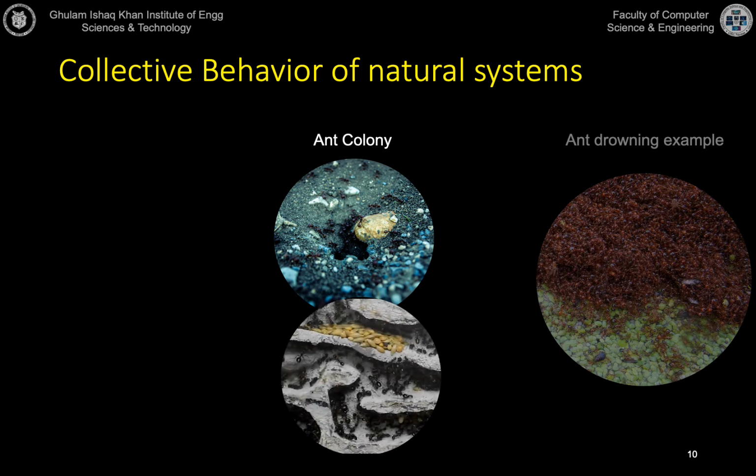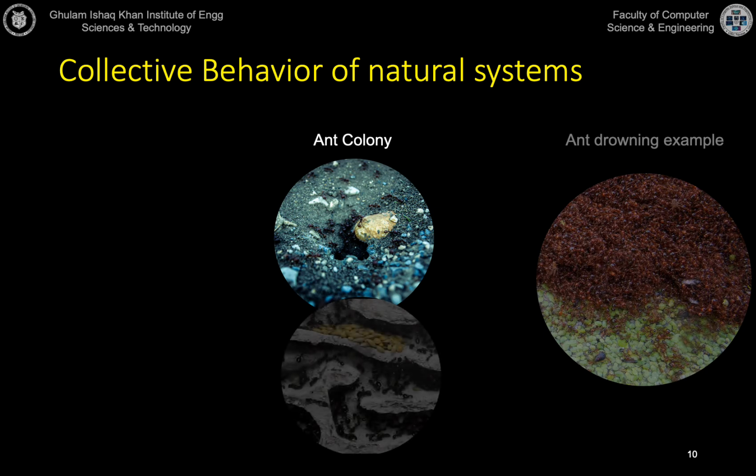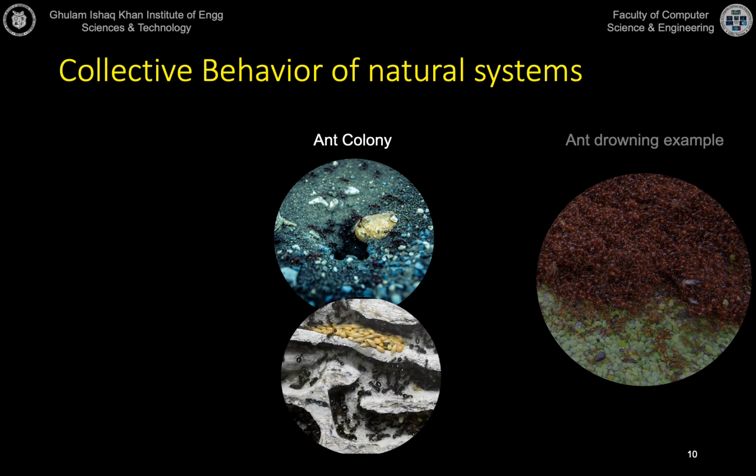Ants are really simple organisms with very limited functions that they can perform, but these unsophisticated animals are really complex in terms of the goals that they accomplish and the work that they do.